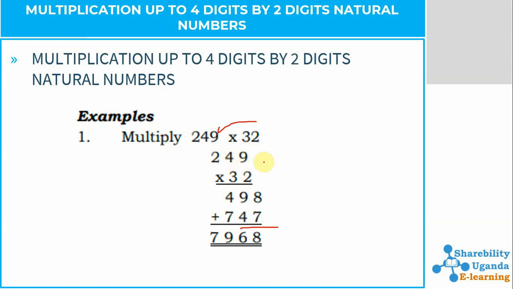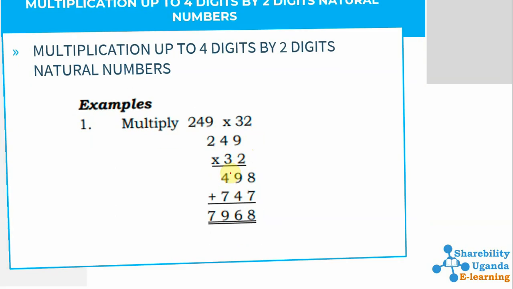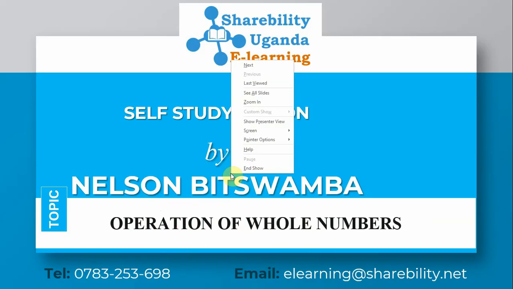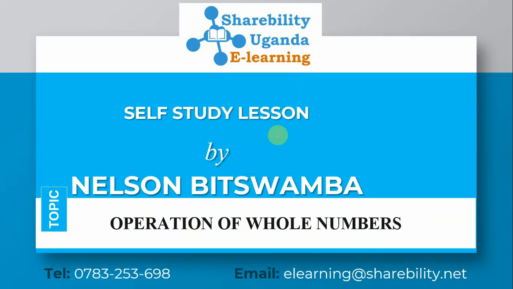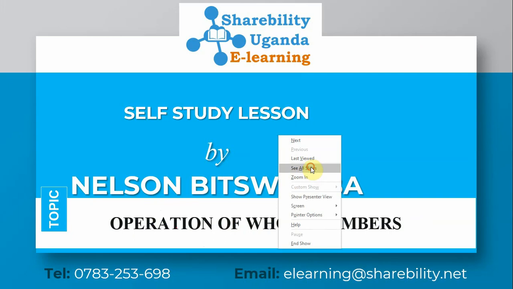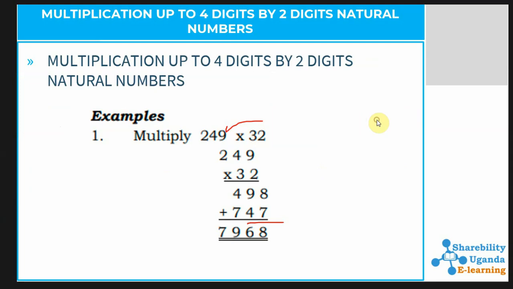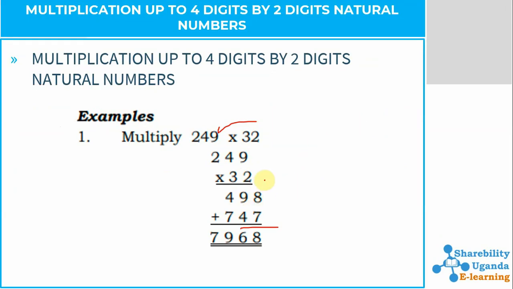So you start multiplying. You may start with 2. You multiply 2 by the whole of this number, and then you also multiply our 3 by the whole of the number up there.